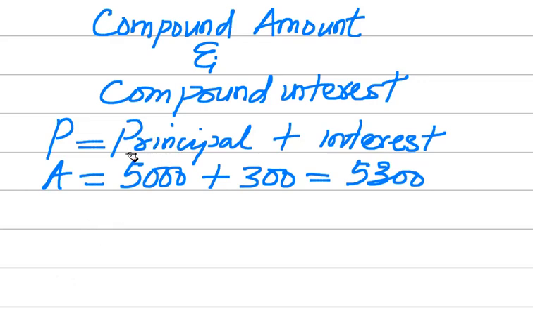Principal is the first money you invested. Every investment bears interest. So when you add up the interest to the principal, you get the total amount of the investment. These two things must come together to make meaning under compound amount and compound interest, or under time value of money.